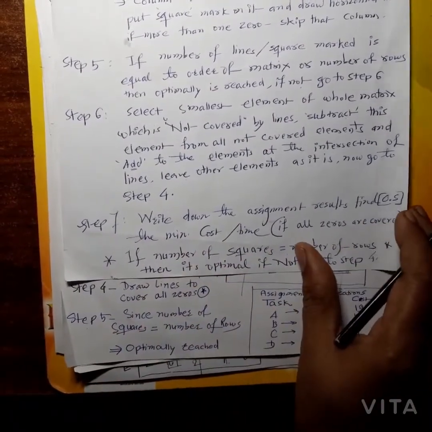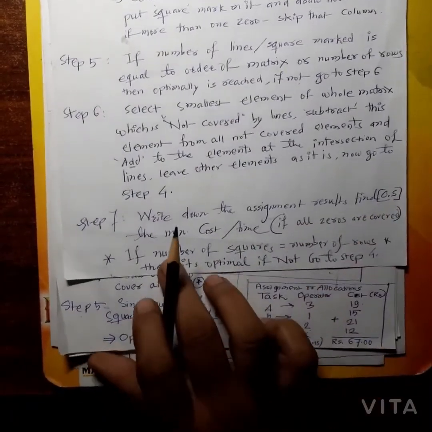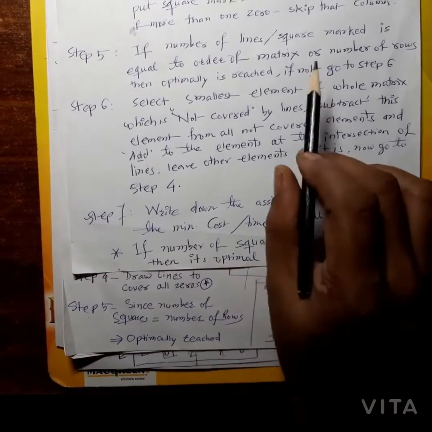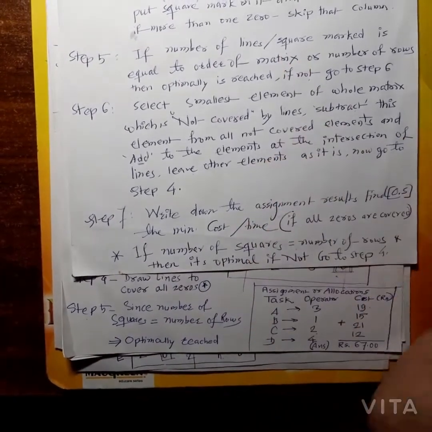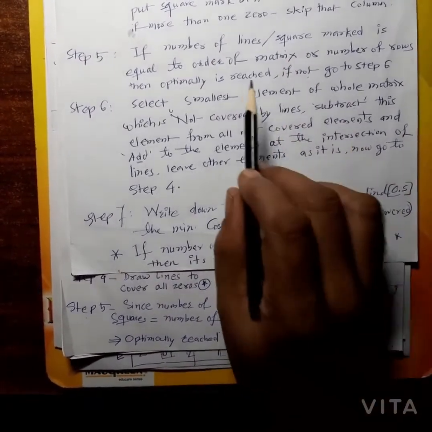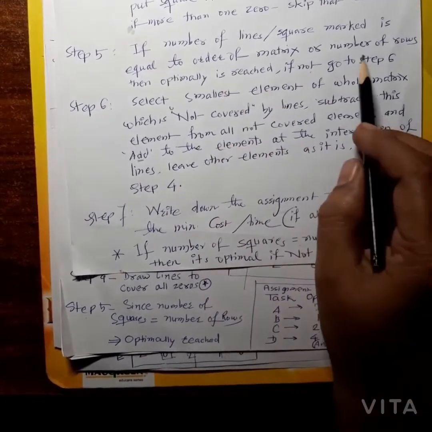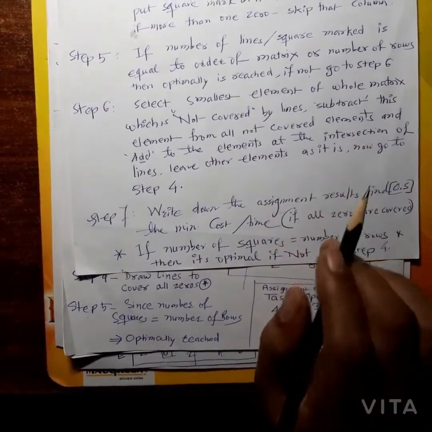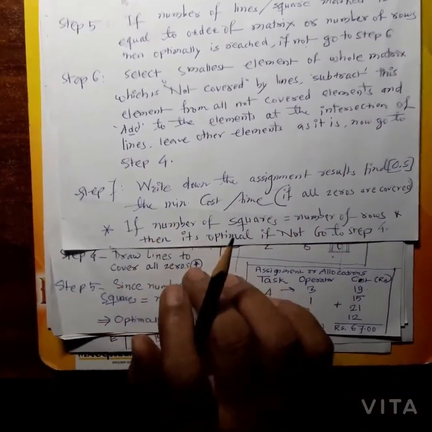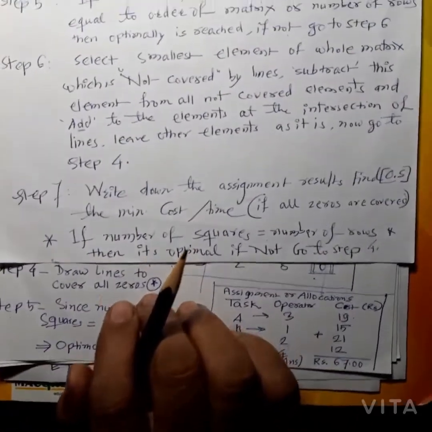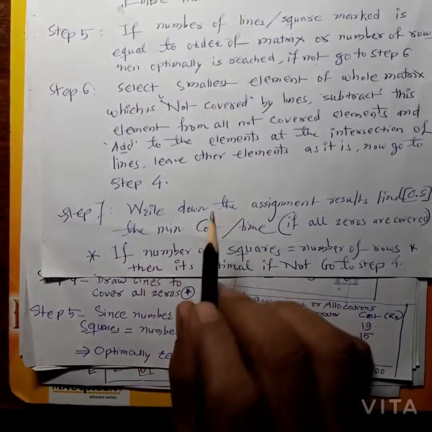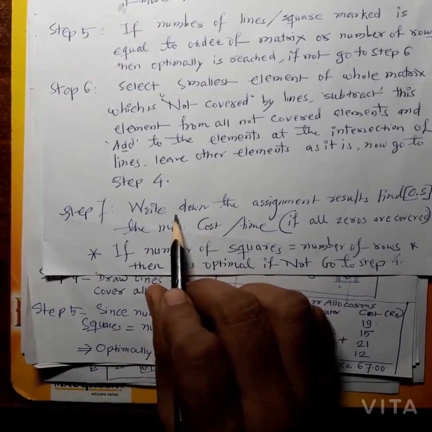If you found that minimum number of lines or the squares that we have drawn is equal to the number of rows or the order of matrix, then our last objective is to find the optimal solution.